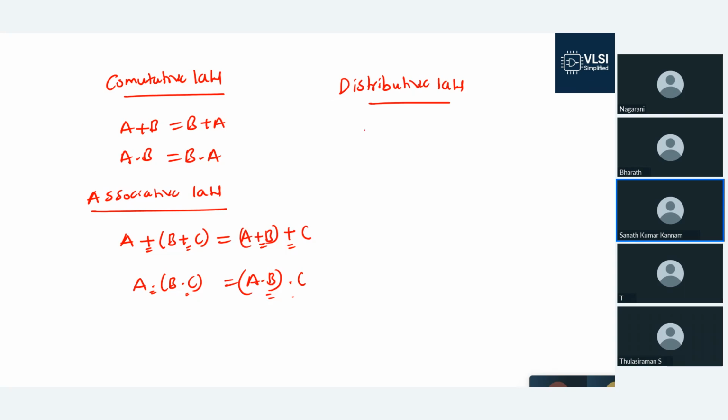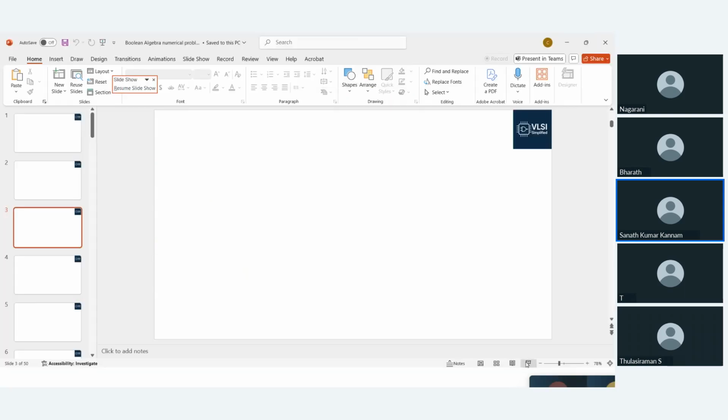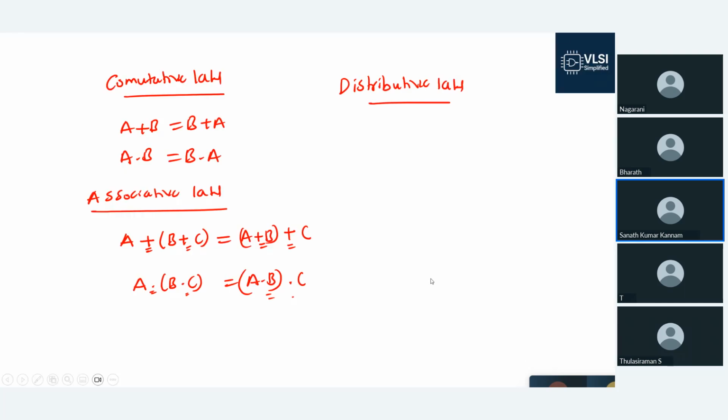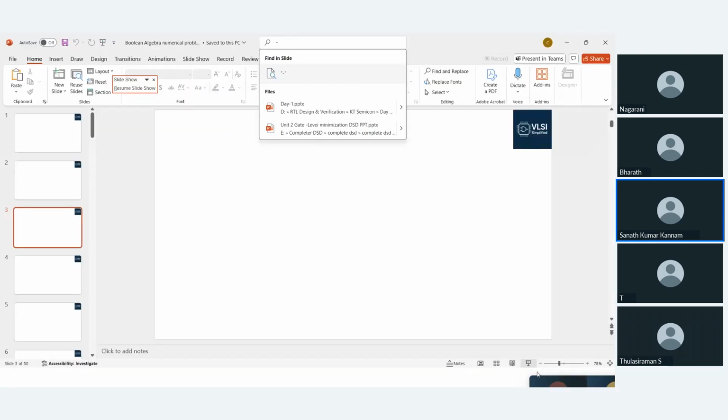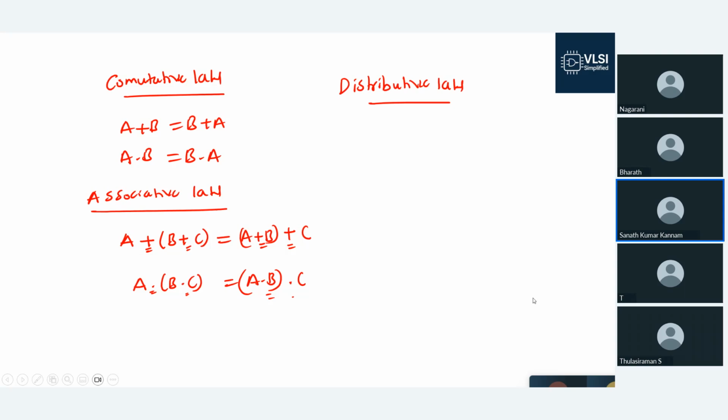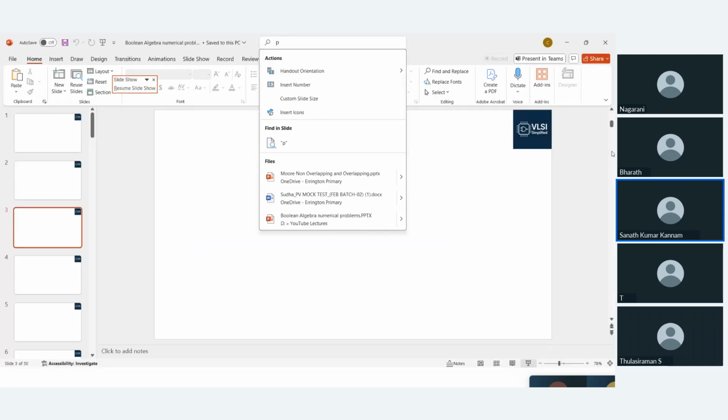So distributive means you can remember like difference. Distributive means difference.